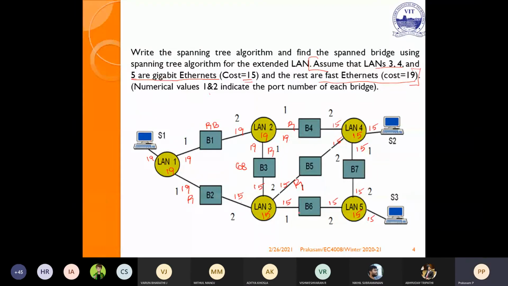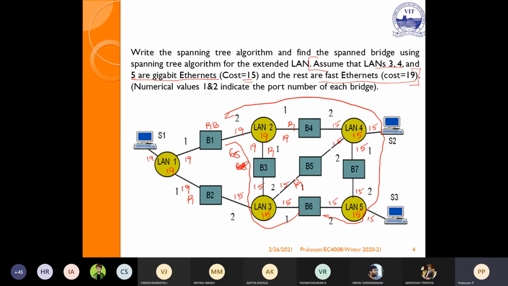So for B6, from port 1, this is 1. From port 2, you can go in this direction. Here 15, 15, all these things, if you calculate 30, so 68.